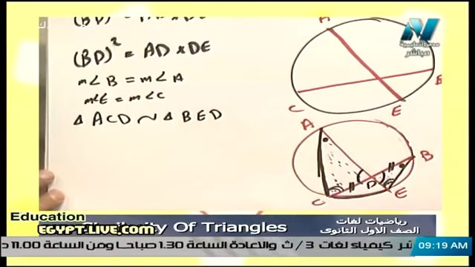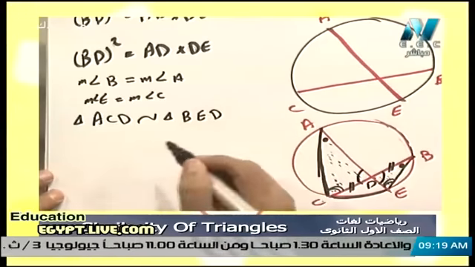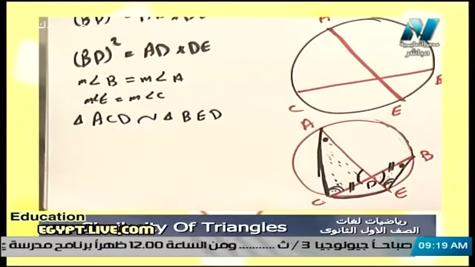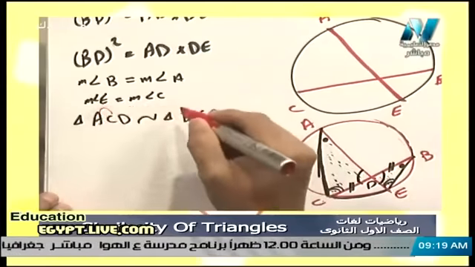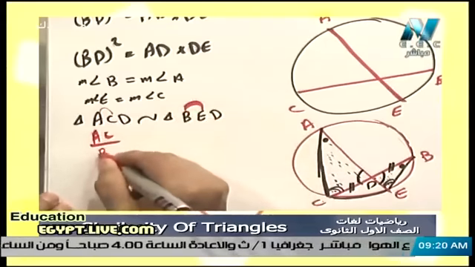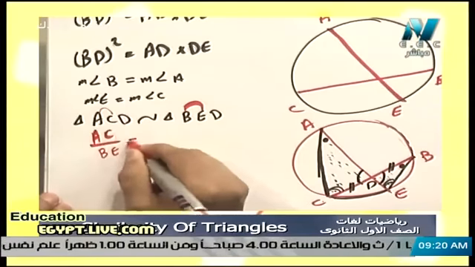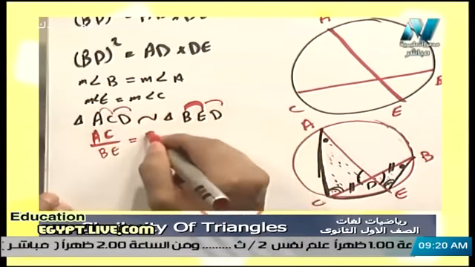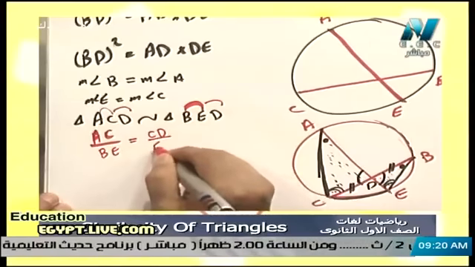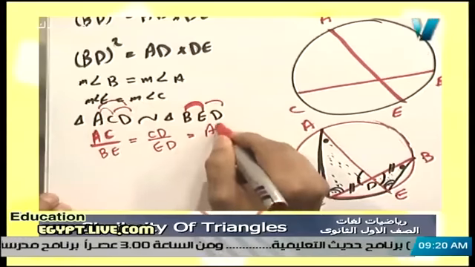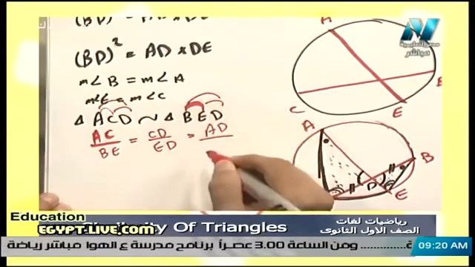Okay, and we can say that from the similarity we deduce that AC over BE equals CD over ED equals also AD over BD.